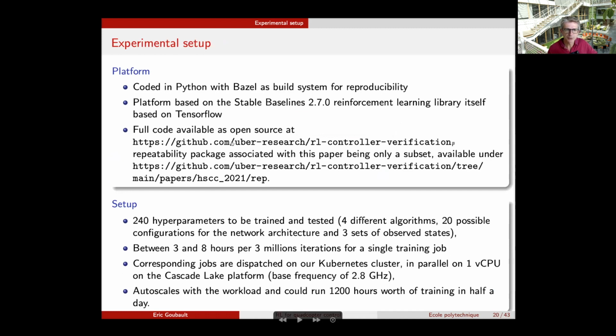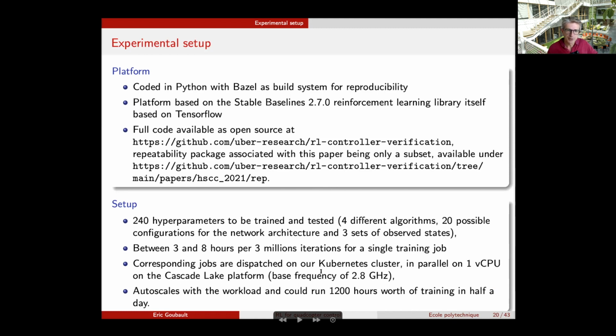The source code is open source, you can find it here, and it's based on TensorFlow and the Stable-Baselines reinforcement learning library. And as we wanted to test many different hyperparameters, we used a Kubernetes cluster that could run in just half a day something like 2 months worth of computation.